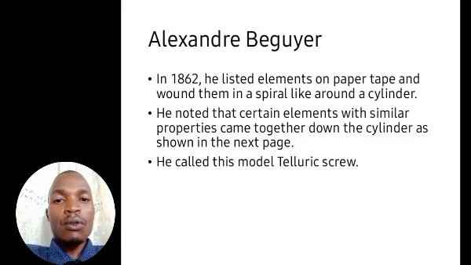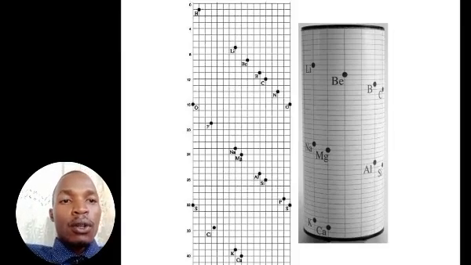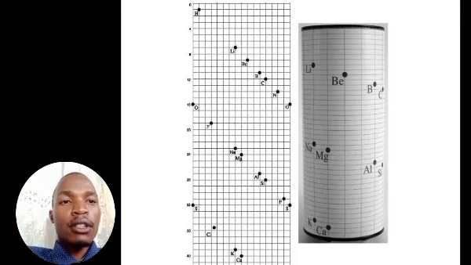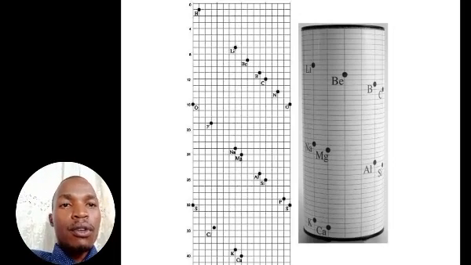Let me show you. So this is a telluric screw. On the far right side, we have a cylinder containing a sheet of paper that has been wrapped around that particular cylinder, and when the paper is unwrapped, we look at it on the left side.